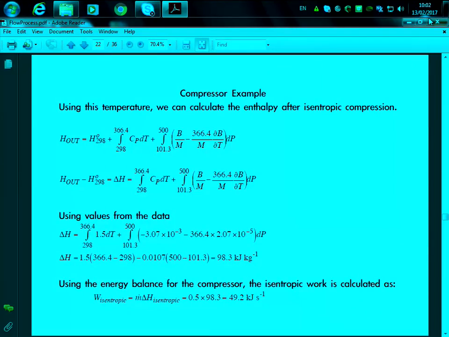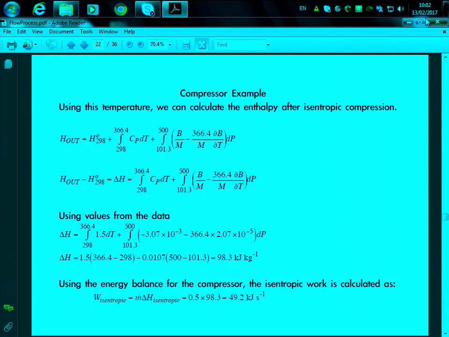Right, so let's continue. So basically, we are now obtaining the delta H. Okay, so enthalpy will actually change. Why will enthalpy change?